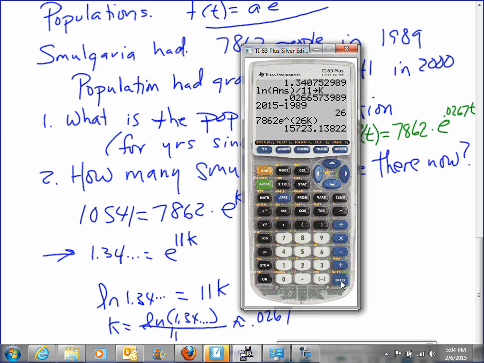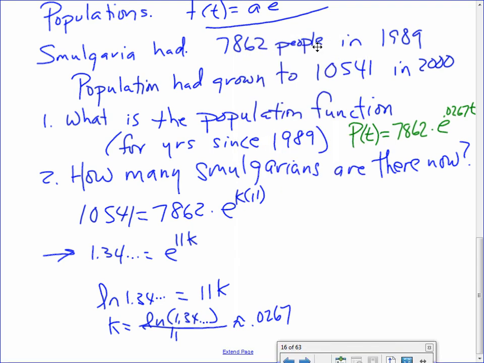There are 15,723 Smulgarians, very stupid people. Actually, it seems to me like there's a lot more than that. But anyway, only 15,700 of them are Smulgarians. All right. Now, you can use those concepts for population.